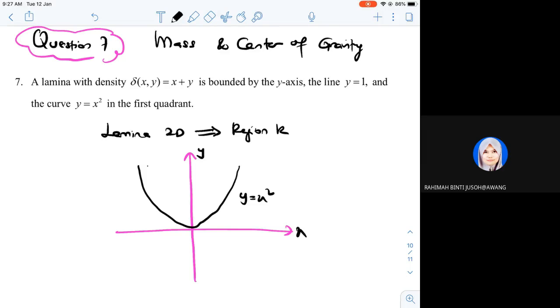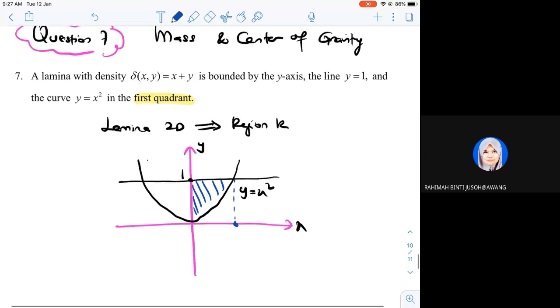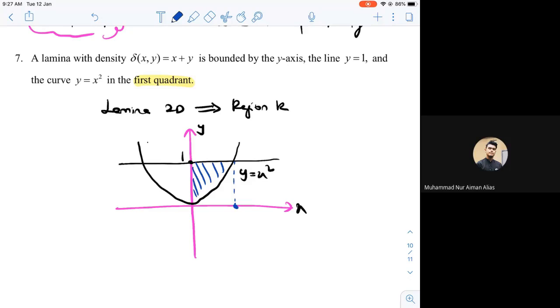And then the line y equals to 1. So y equals to 1. We have a straight line like this. Let's see it here. Okay, so guys, this is the region in the first quadrant. Okay, first quadrant. So what's the x coordinate here? 1.